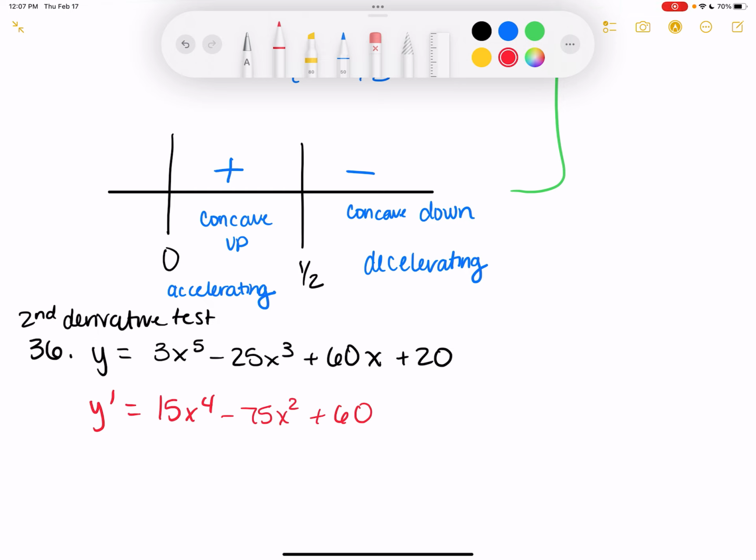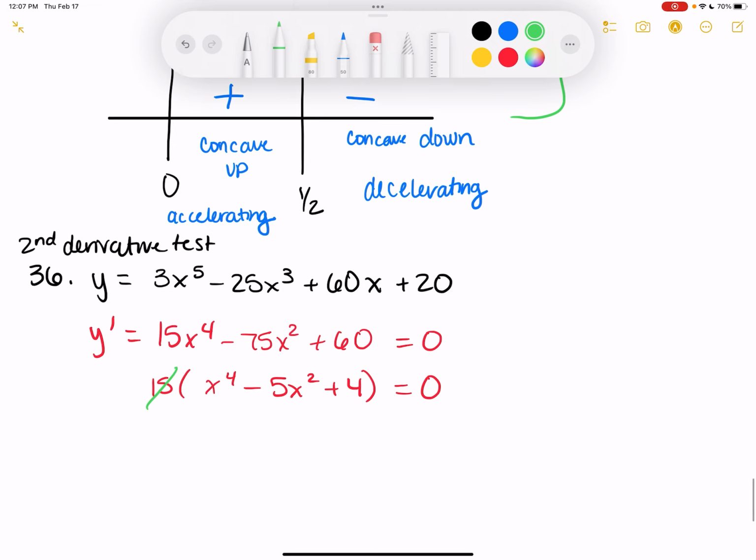Do you notice anything in common between all of these numbers? 15, so I can take a 15 out. I'm setting it equal to 0, so the 15 is actually going to go away. So if I take the 15 out, x to the fourth minus 5x squared plus 4. So 15 is going to go away because of that.